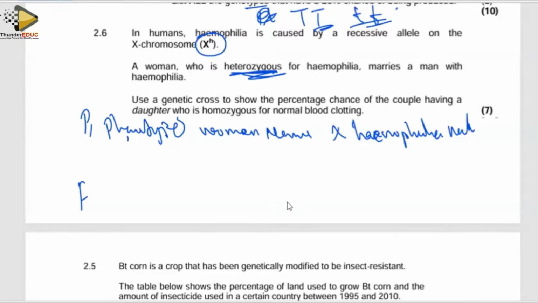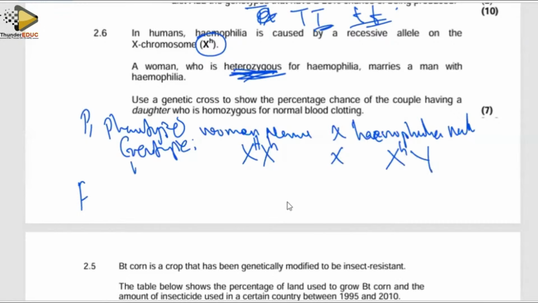So the genotype: a woman is like this, but they say normal, so capital H, small h, they said heterozygous. And then the male is hemophilic, the male is like that, so small h there.